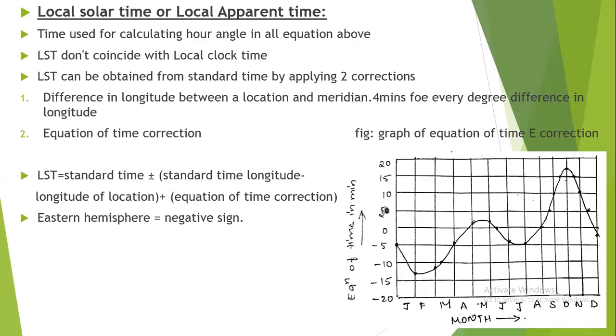For this correction we make 4 minutes for every degree difference in longitude, and we can convert the local clock time into the local solar time. This is the first correction made for the clock time.